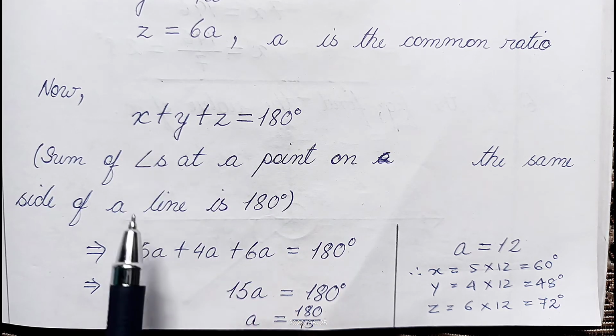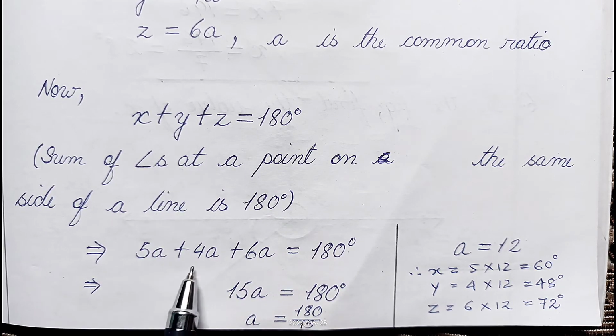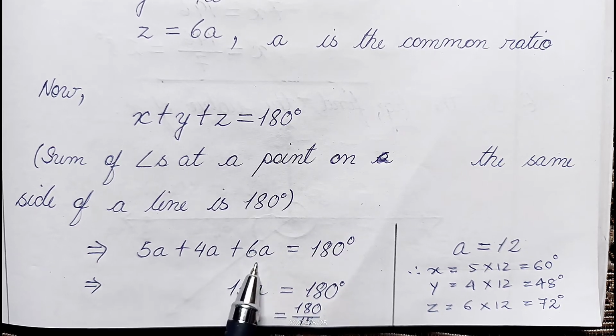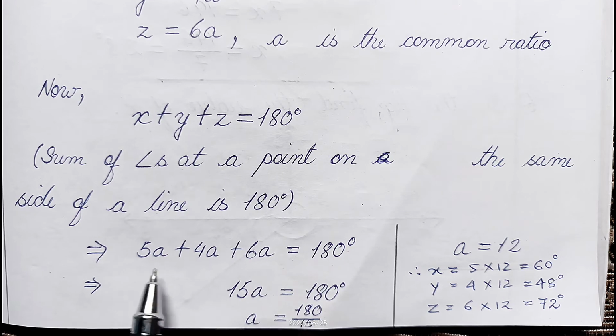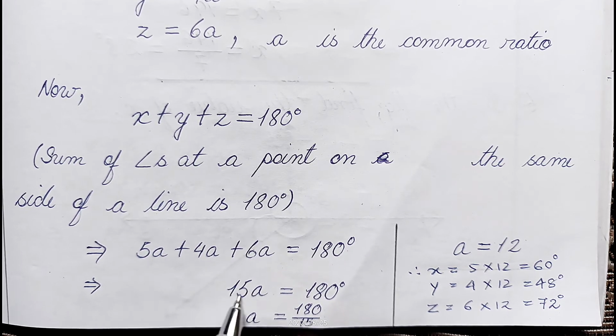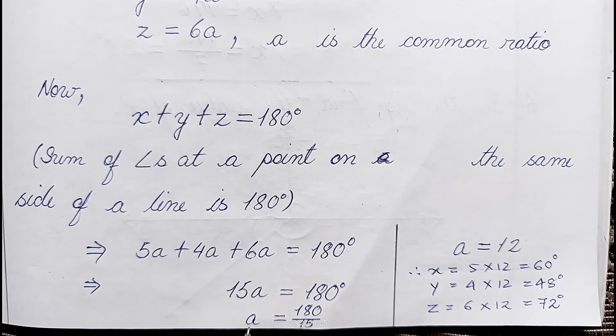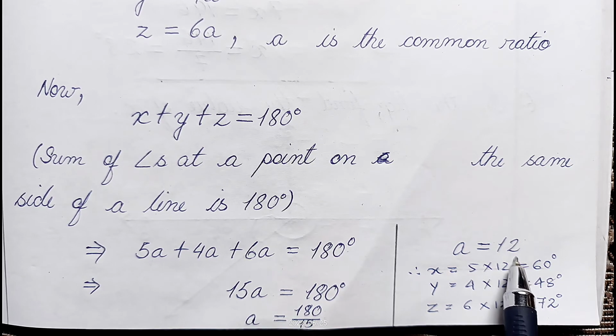Now we have considered x to be 5a, y to be 4a and z to be 6a. The sum 5a plus 4a plus 6a will be 180. 5 plus 4 is 9, 9 plus 6 is 15a, will be 180. So a will be 180 by 15, and 180 by 15 will be 12. So we got the value of a to be 12.